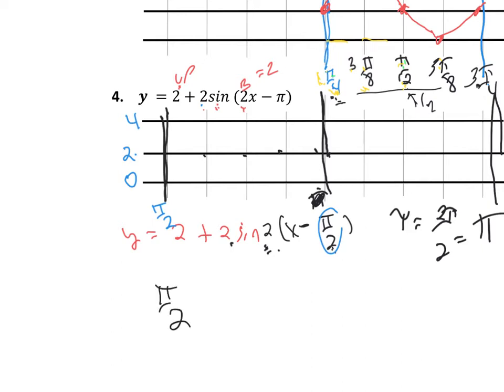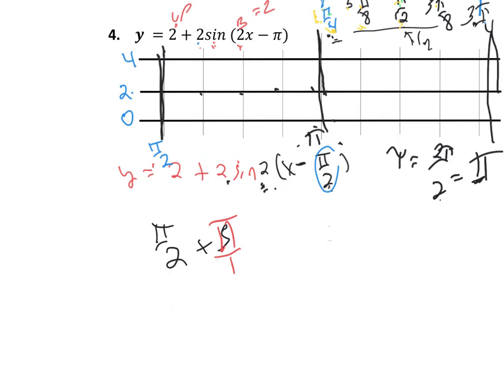My period I'd already determined was going to be, where did I do the work at? Right here. My period was going to be pi. So I add pi to it. That'll take me to whatever this value is going to be at the end. Pi over 2 plus the total distance to finish is a pi.